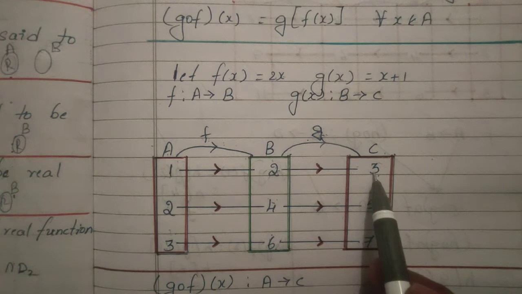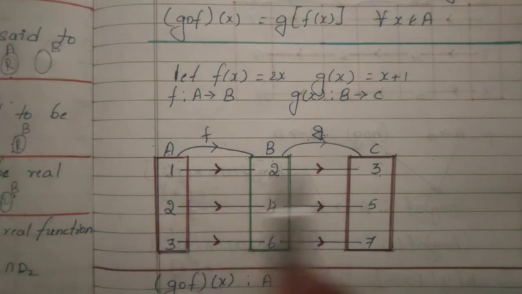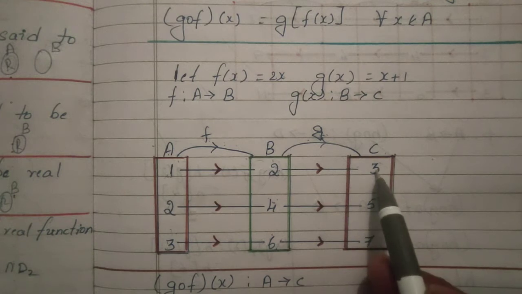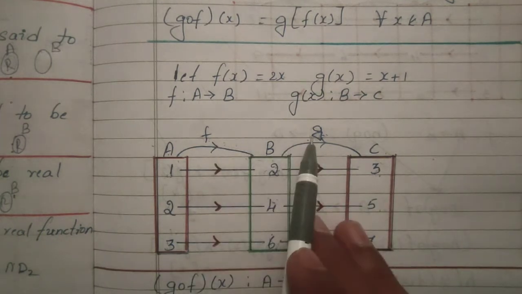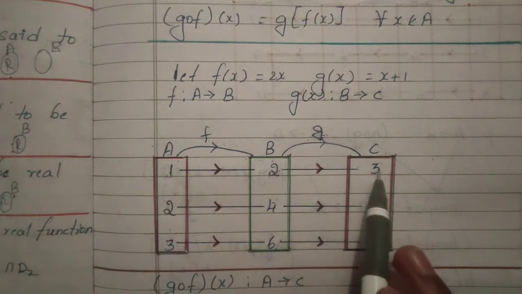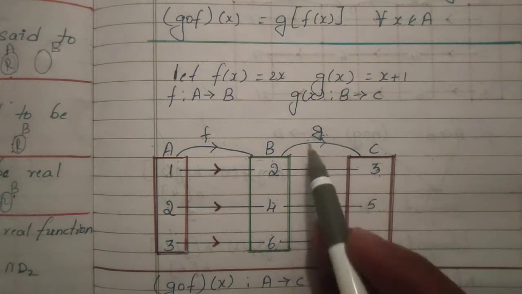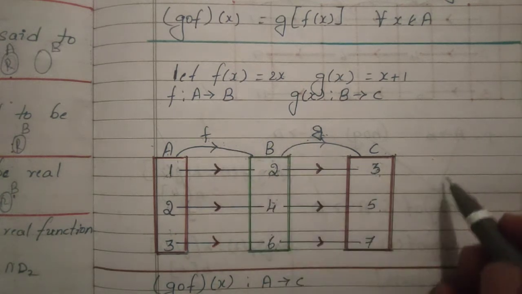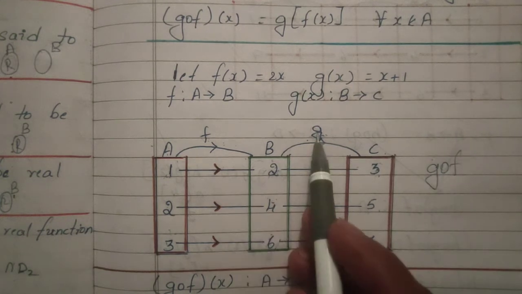So my initial input is 1, and finally I am getting 3. When I combine these two functions, that is denoted by gof, g of f.